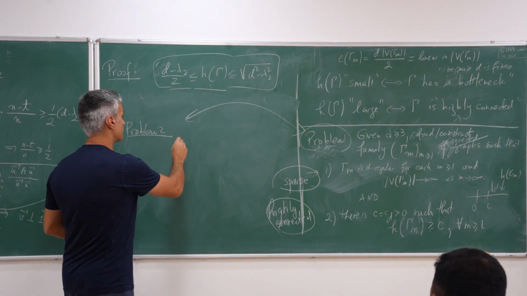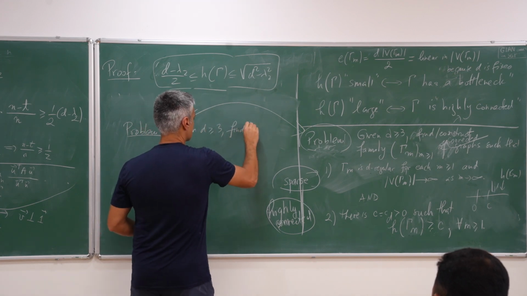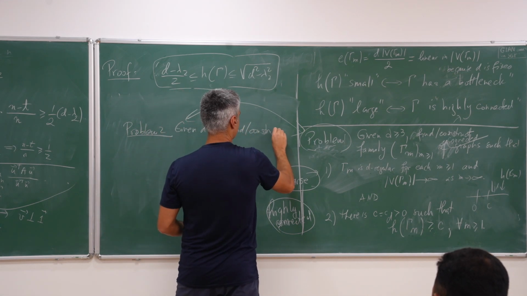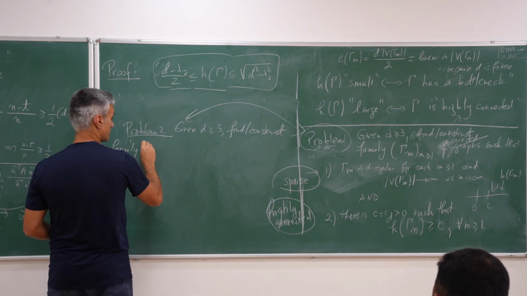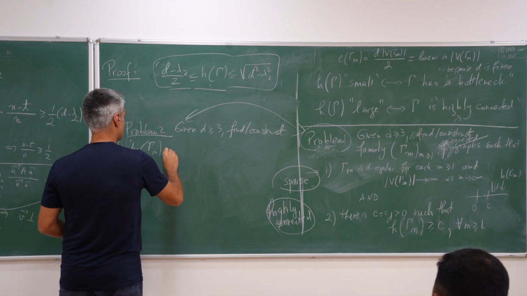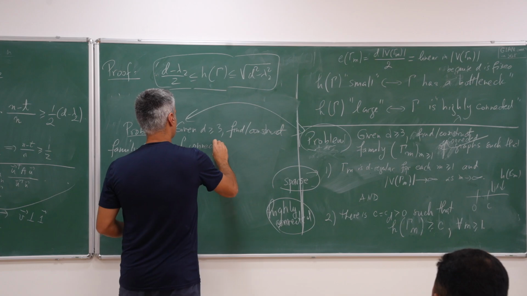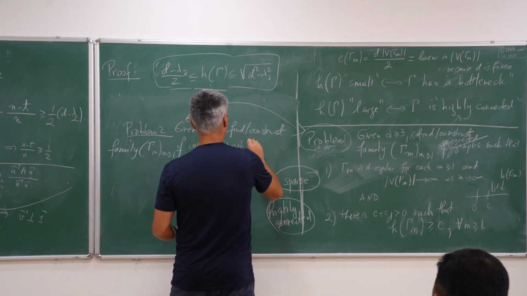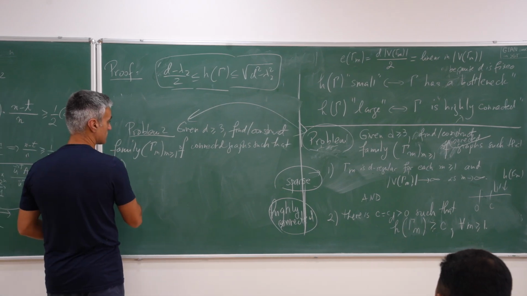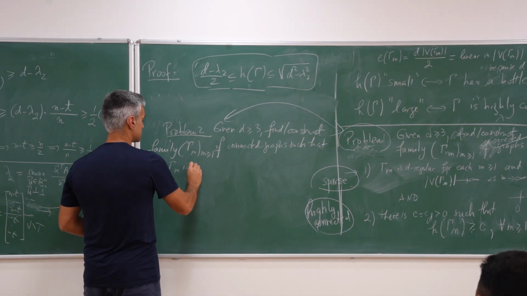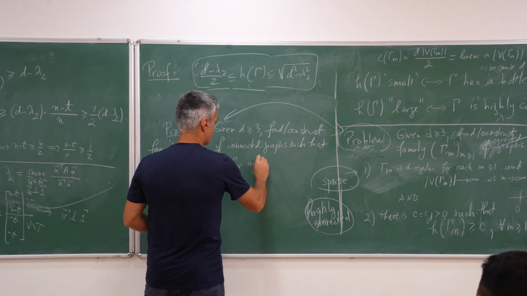It's the same thing as before: given d greater or equal to 3, construct a family of connected graphs such that the first condition stays the same, so gamma m is d-regular for any m.